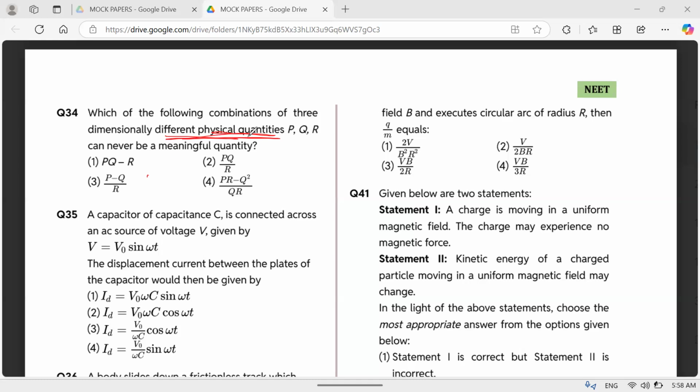See, first one is PQ minus R, two physical quantities minus R. This is only one operation. This is your two operation, P into Q divided by R. Here it is subtracting P minus Q, two terms are different. So you can't take this one. P and Q can be same. P and R can also be same, but individually they are not same. So the best option I can write right now is the third one. Clear?